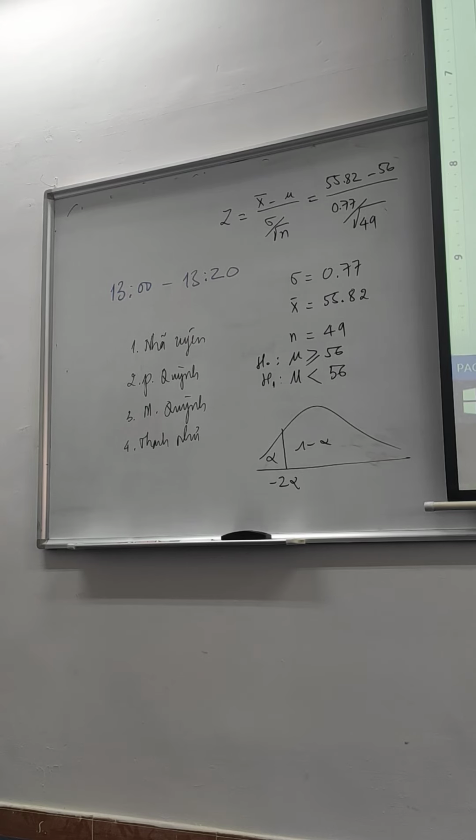Look at the appendix table for Z. Find the Z value negative 1.64. What do you see? Tell me what the value is. 0.0505.